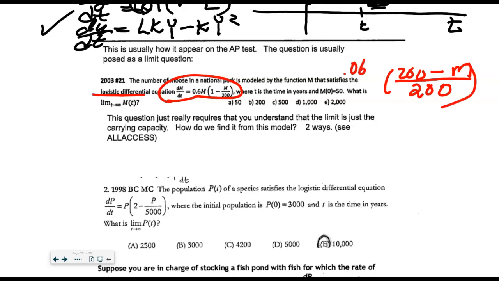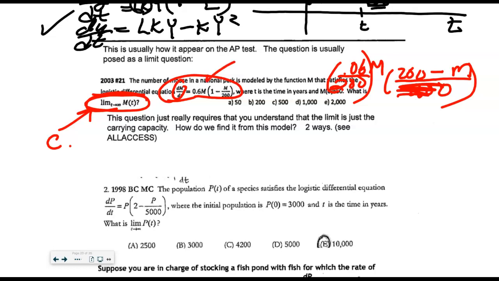You guys are still with me, which is good. But since he divided by 200, he could go like this, and it just changes that. Now it's KY times L minus Y. What's the carrying capacity? And if you're like, I didn't get that, that's the whole reason I went through. Because I said no matter what, if we're looking for this, it means the carrying capacity. And what's the rate of change as we approach the carrying capacity? 0. So all you need to do is say, hey, this has to equal 0.